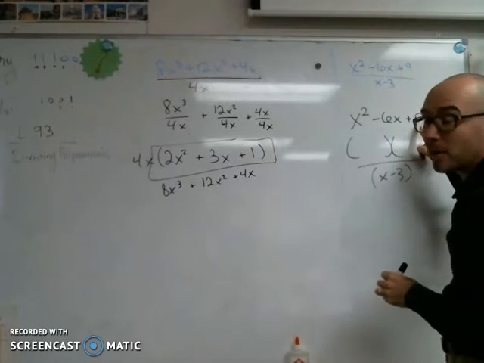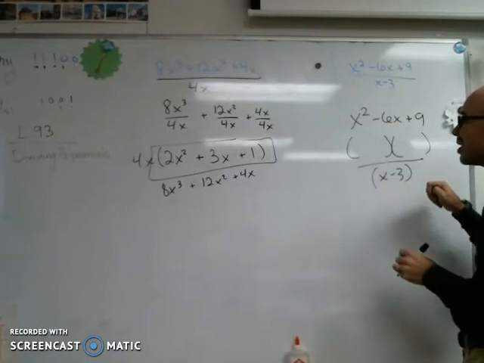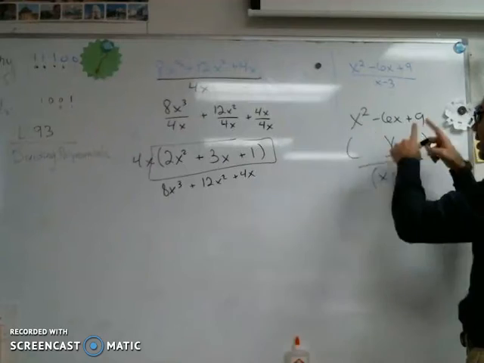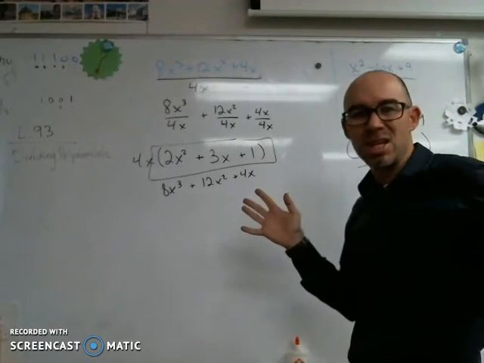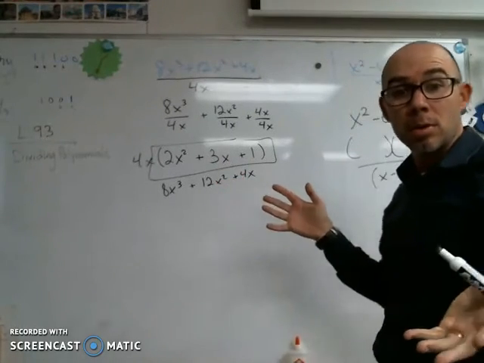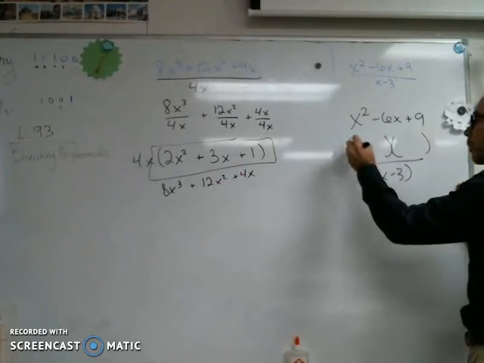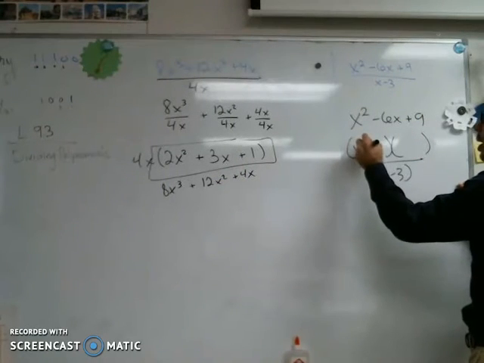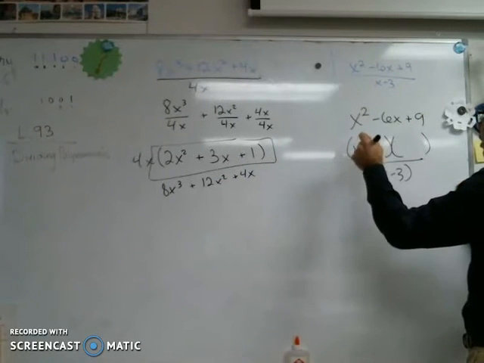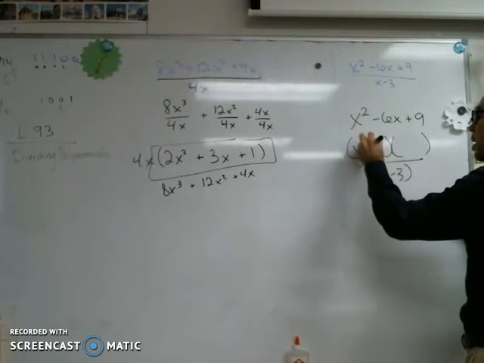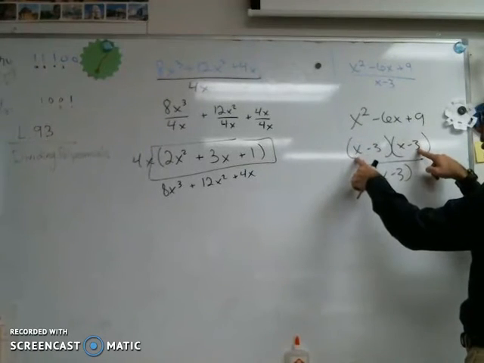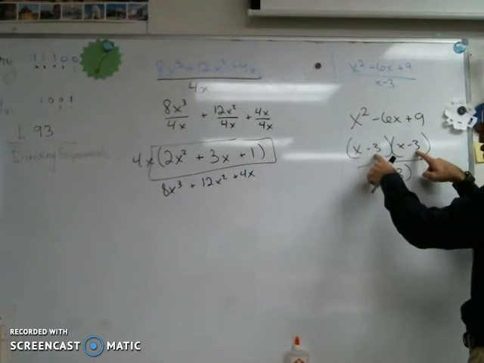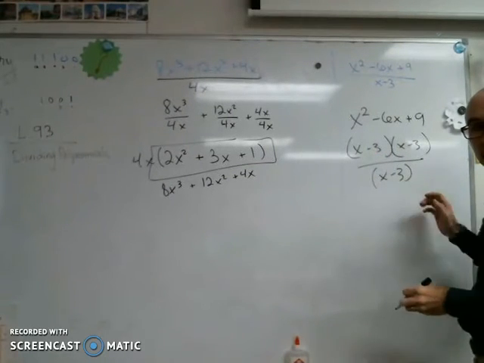That's a square number. And right away I can tell what the pattern was from lesson 50 something or other, we did a long time ago. This one factors down into x minus 3 times x minus 3, right? x squared minus 3x minus another 3x plus 9. And lo and behold, there we go.